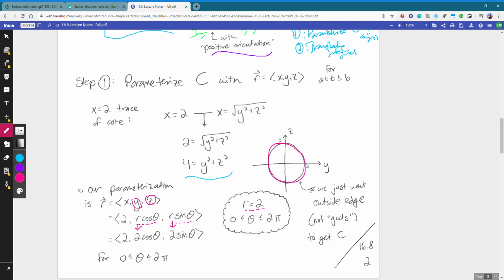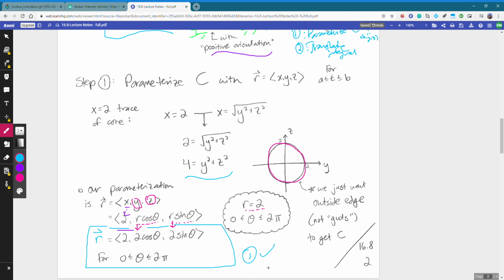Because of that, x is going to be 2 for every point on our curve, and we can just make that substitution. And so with that, we get a nice clean parametrization function, r hat, right here. And with that, step 1 of parametrizing our curve is all set.